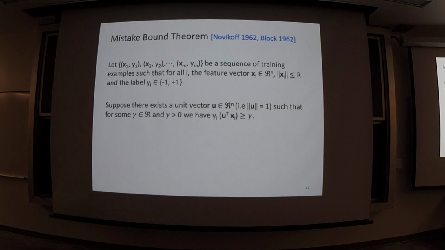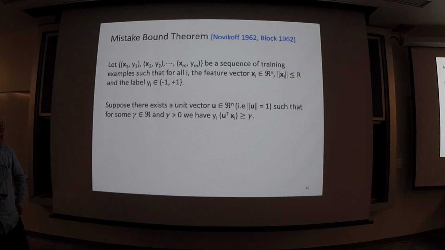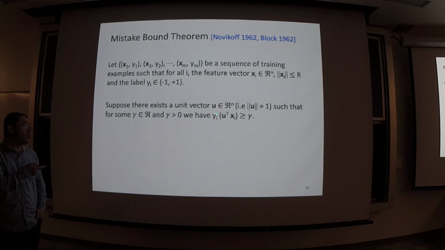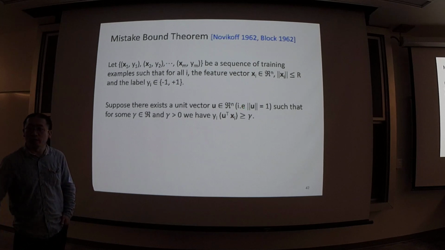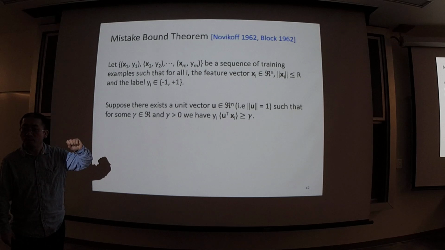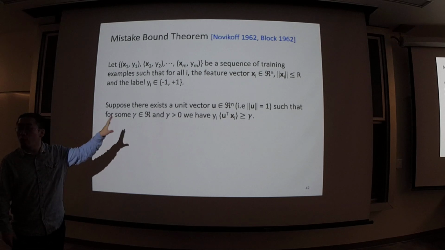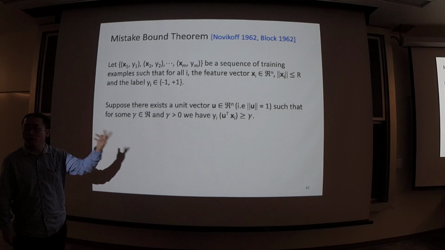The second condition is that suppose this data set is linearly separable, and then there exists a unit vector u. The unit vector u means that the norm of u is 1. Oh, by the way, what is the definition of norm? It's the square root of the squared summation of each element in the vector.